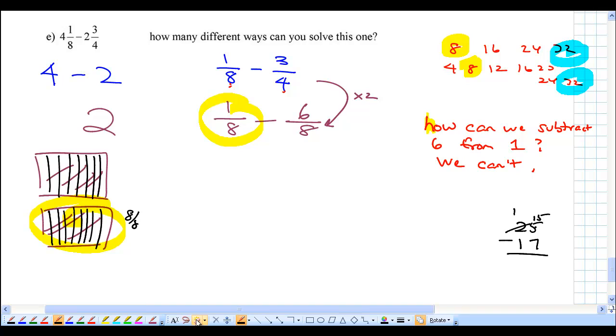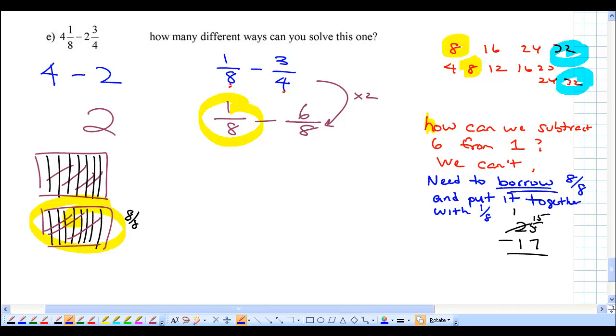So the key thing here, and I'm going to ask you to write this down now, okay, is to deal with our dilemma, we need to do the following. We need to borrow something. What are we borrowing here? Well, we're borrowing 8 eighths. So in this case, we're going to borrow 8 eighths, so 8 out of 8, and put it together with the 1/8.